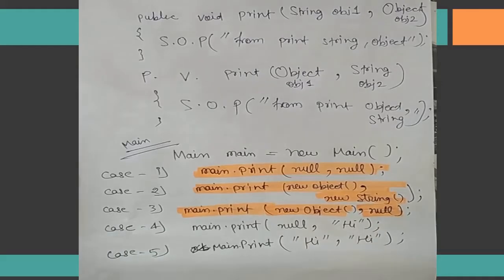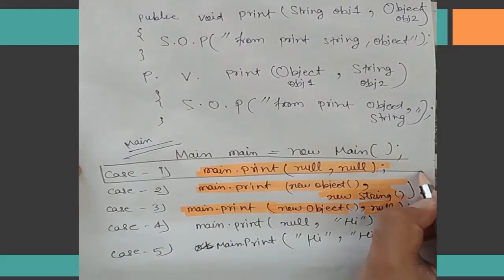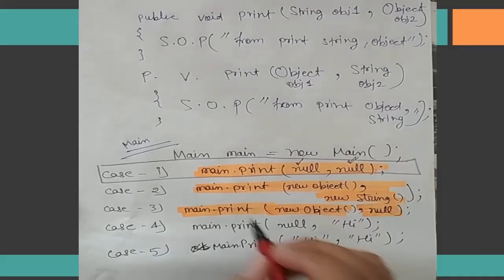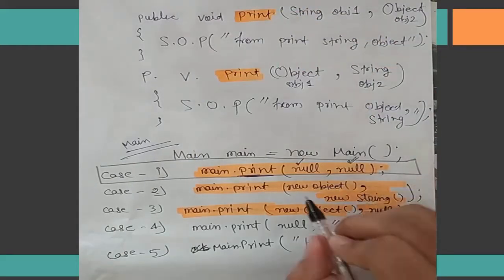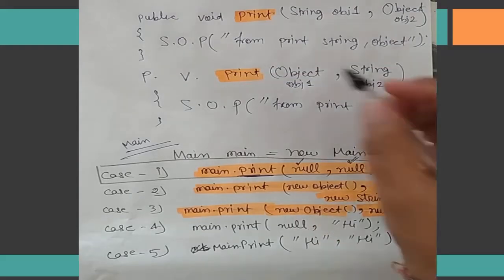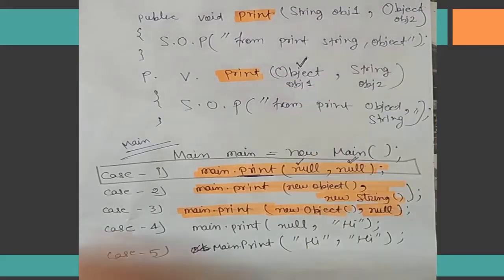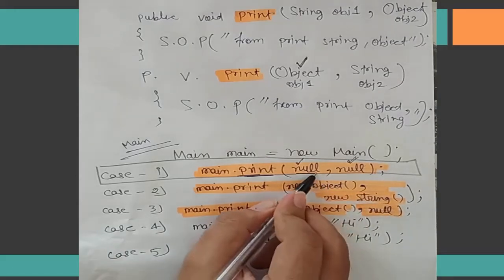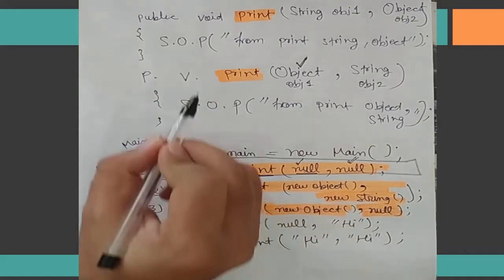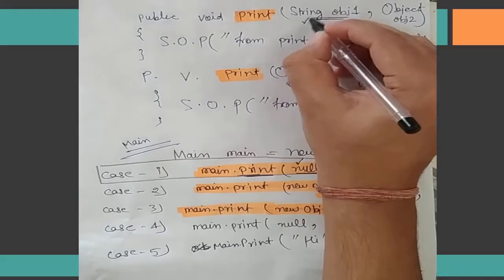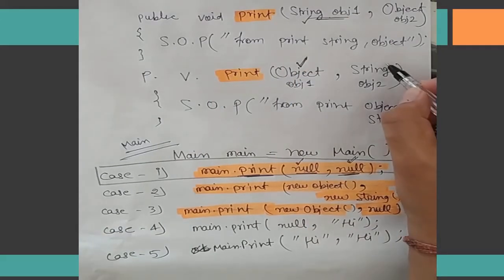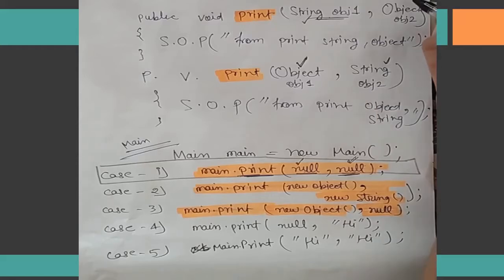Now we can see for case 1 that it is taking null comma null. If I pass this null, the first null can be accepted by Object as well as String. The second null is also acceptable by String as well as Object.